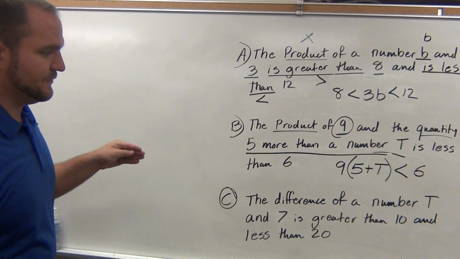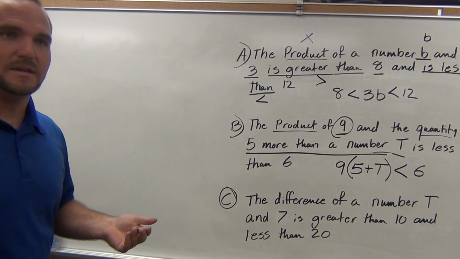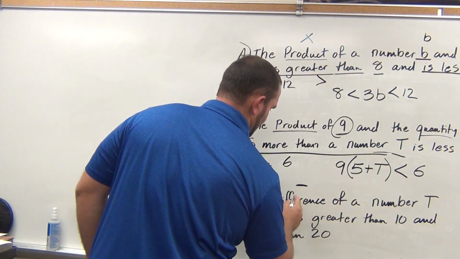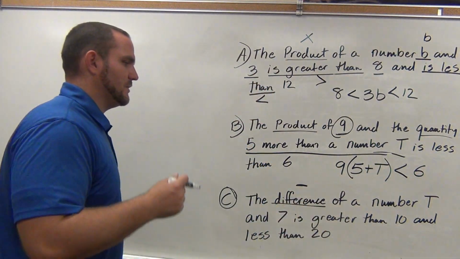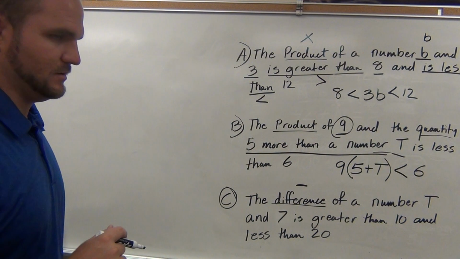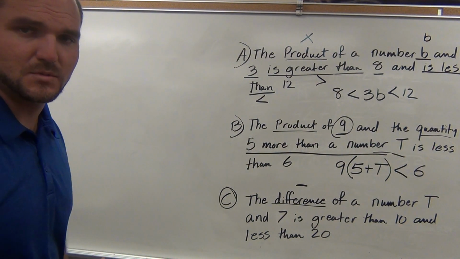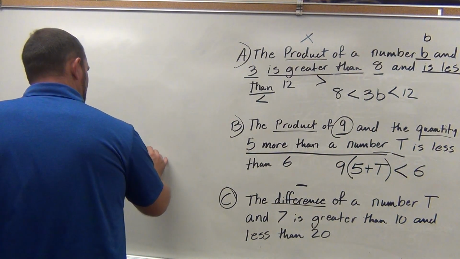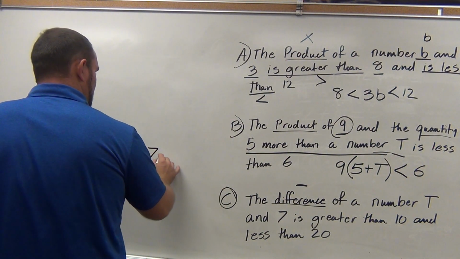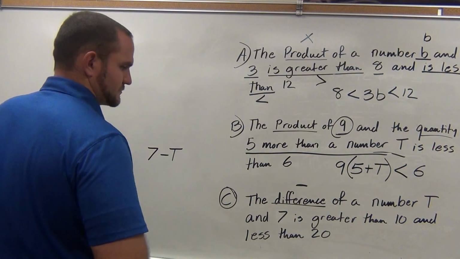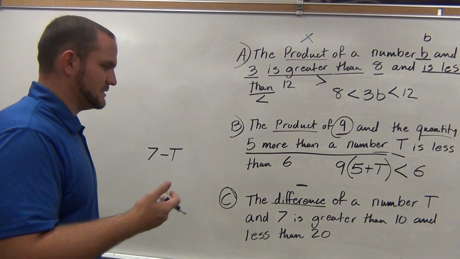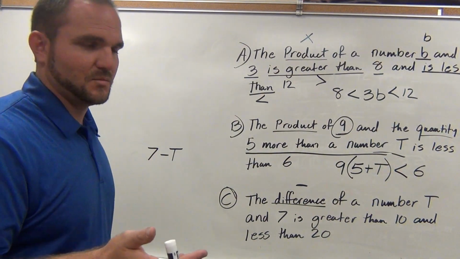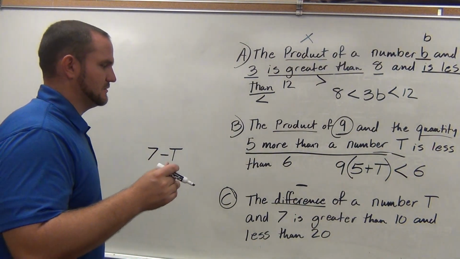Okay, the difference. All right, difference is subtraction. So this is subtraction right here. The difference of a number t and 7. We don't know what t is, it's just our variable. So the difference of a number t and 7. So t minus 7. Is greater than, remember the is very important, is greater than 10.